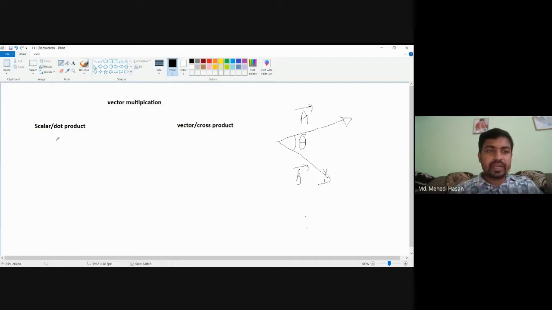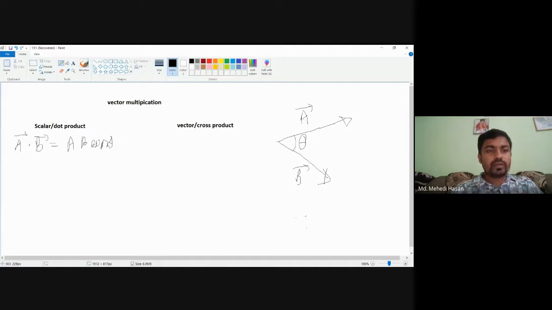Okay, so in case of scalar or dot product, the formula is vector a dot vector b is equal to magnitude of vector a, magnitude of vector b, cos theta.